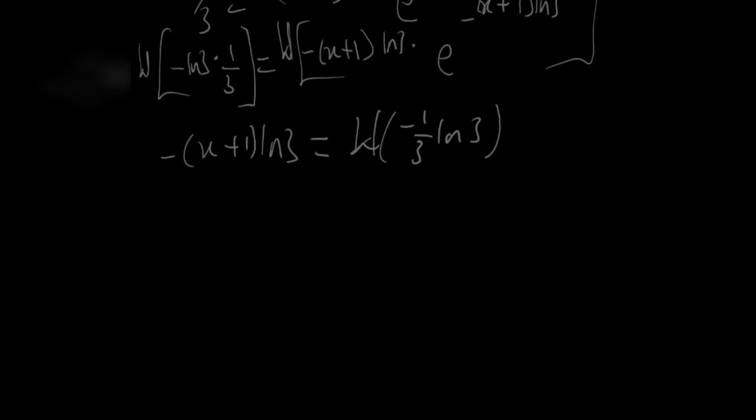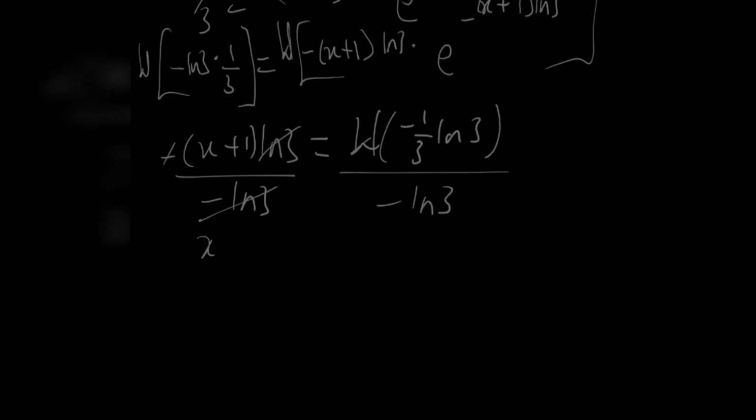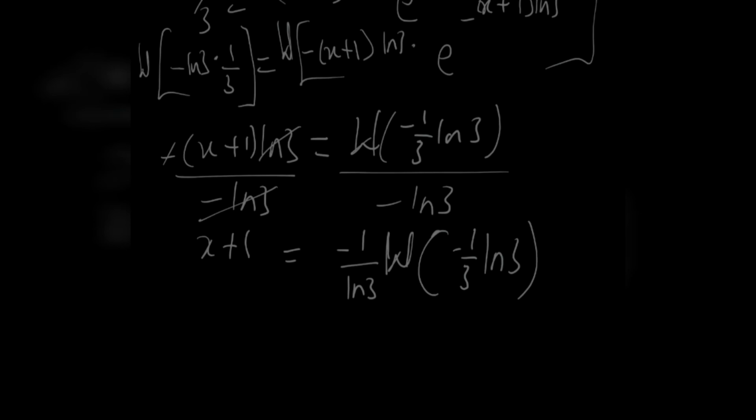You have to make x the subject from here, so we can divide through by minus ln of 3 so that they cancel out. We get x plus 1 equals minus 1 over ln of 3 multiplying the product log of minus 1 on 3 ln of 3. Okay, so x will be equal to, just subtract 1 from both sides, so just move this one to the other side.